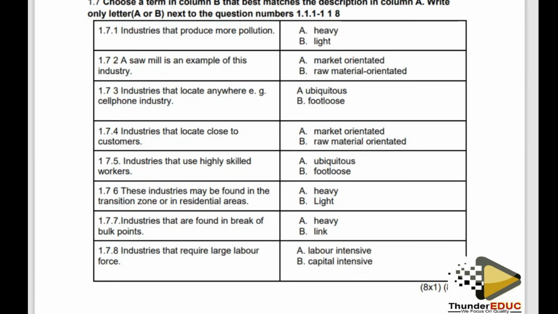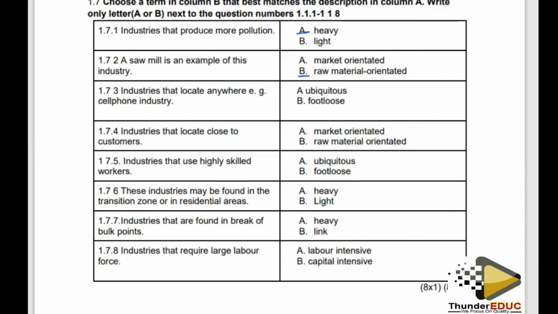That's going to be A, heavy industries, because we know they deal in bulk raw materials, hence more pollution will be produced as well. A sawmill is an example of this industry. That would be a raw material oriented industry.